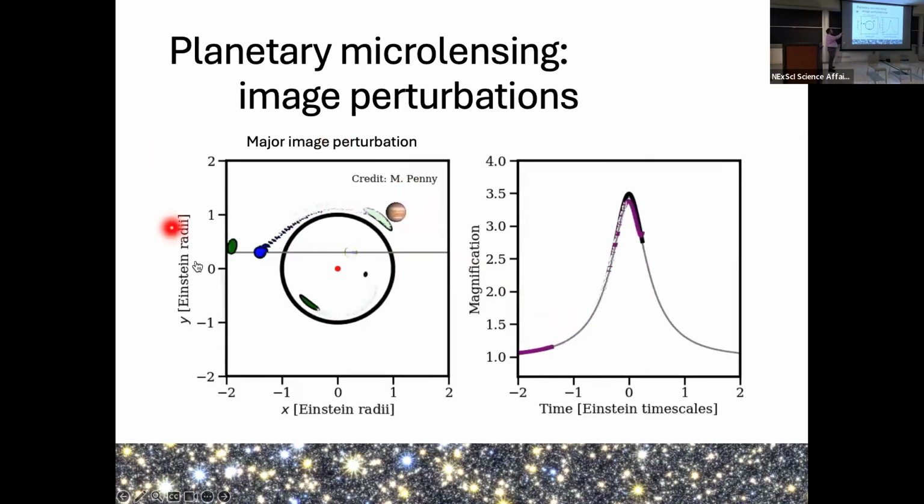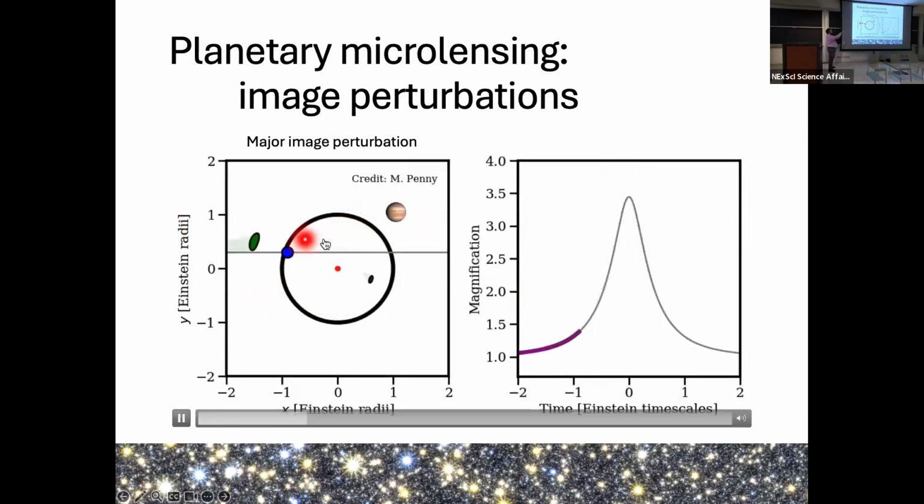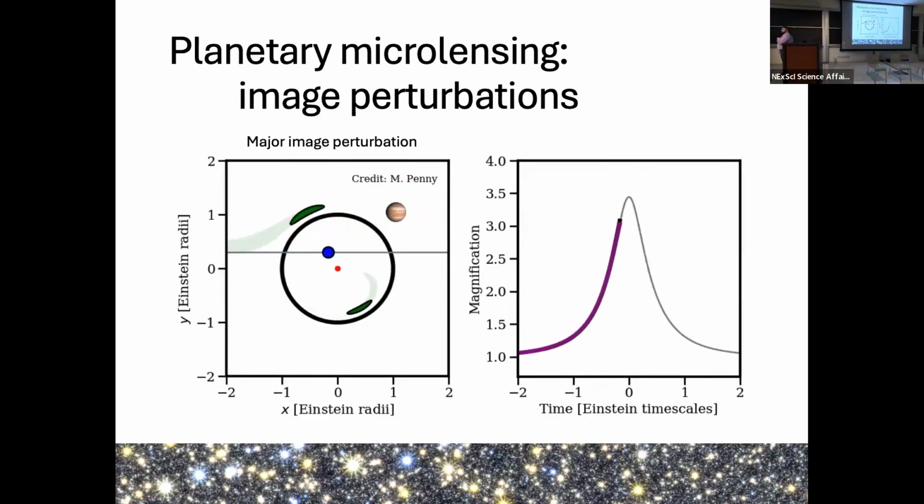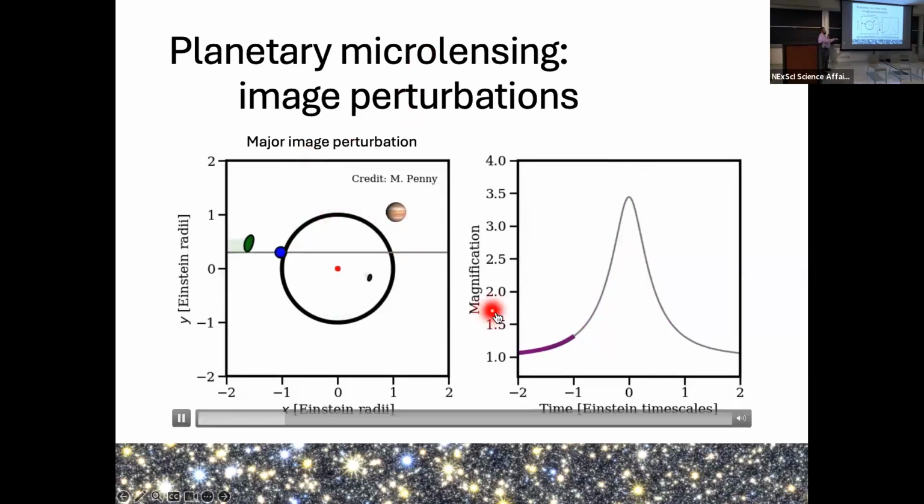When the major image, the image outside the Einstein ring, passes by another massive object like a planet, that image will get perturbed, and usually it gets perturbed in a positive way. It gets bigger when it gets close to the planet. And so on the light curve, rather than having the symmetric light curve of a single lens, we now get an extra bump on top of it as well.